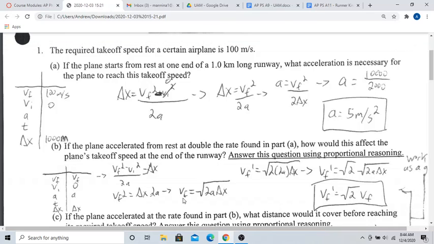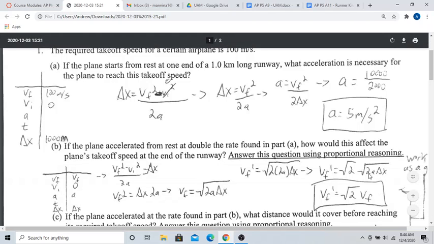So I can do a little substitution, and I can put this final velocity back into this new equation. Because of that, I get that the new final velocity, if I have double the acceleration, is going to be the square root of 2 times the old final velocity.